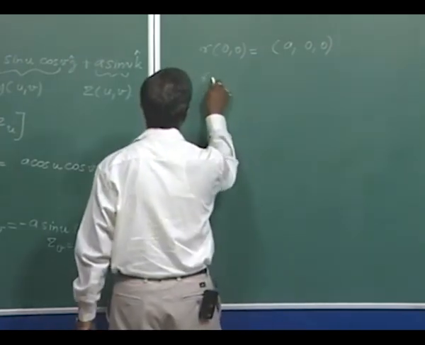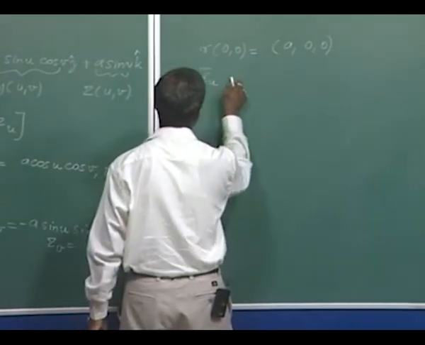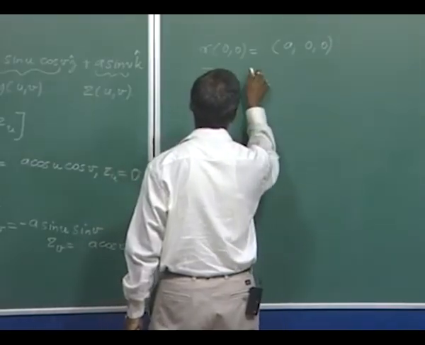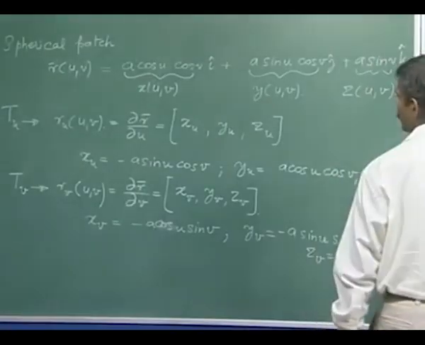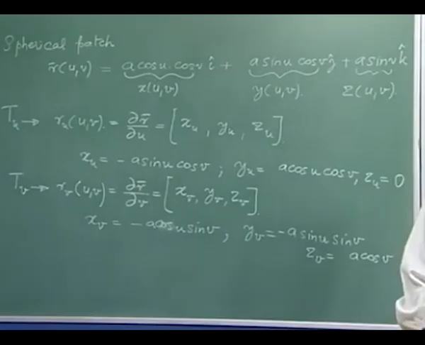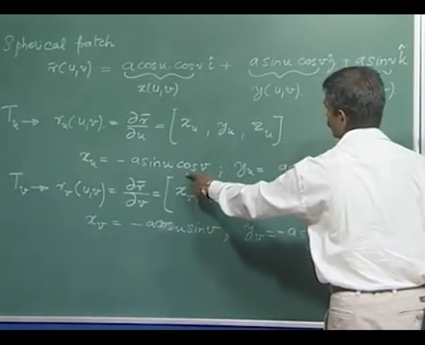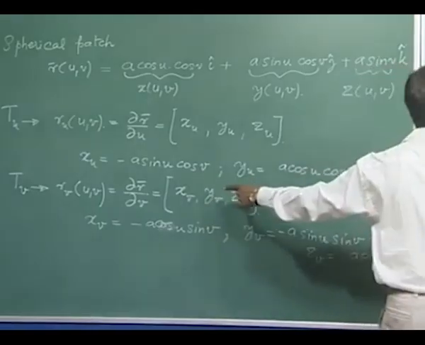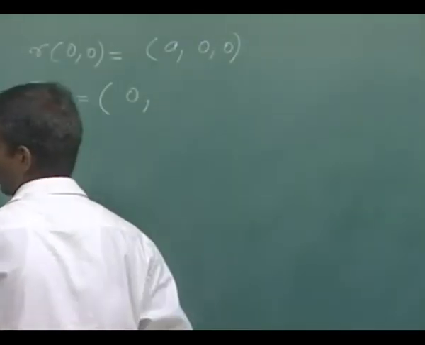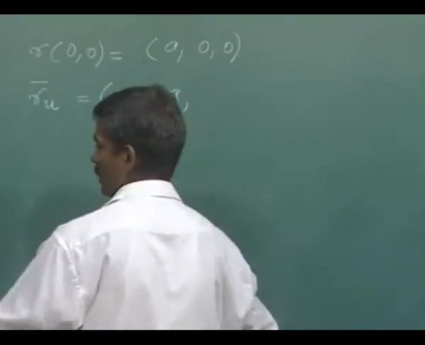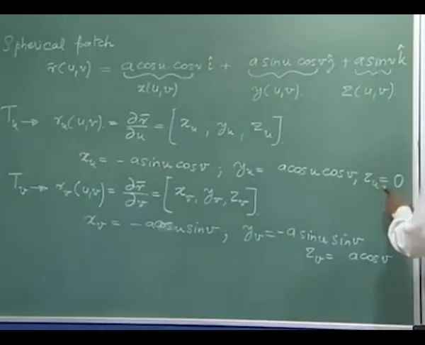So r sub u, the tangent along the u direction at (0,0), will be: x of u is 0, y of u will be a, and z of u will be 0.